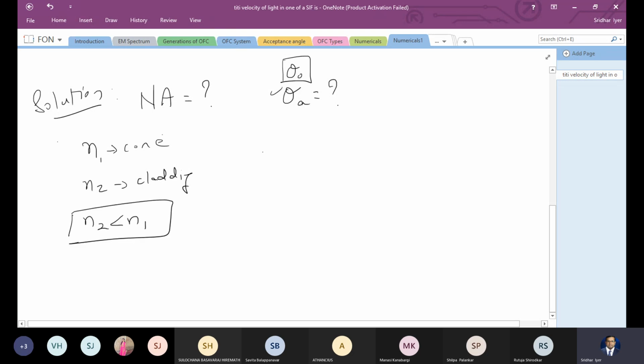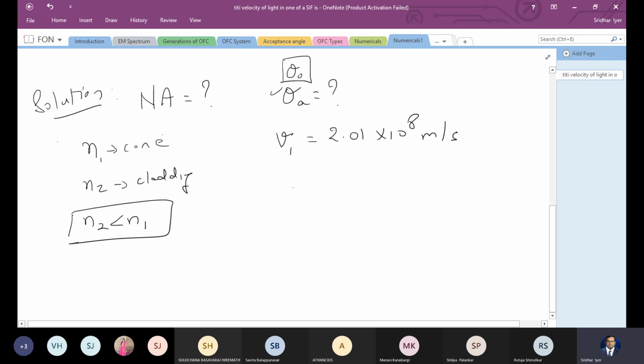All our derivations are based on that, right? Now, the velocity of light in the core is 2.01 into 10 raised to 8. That means V1, because I'm naming the core refractive index as N1, I'm calling the velocity in the core V1, and that is 2.01 into 10 raised to 8 meters per second.